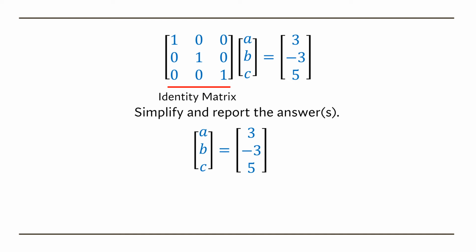If A, then B, then C is equal to 3, then -3, then 5, doesn't it make sense that A is equal to 3 and B is equal to -3 and that C is equal to 5? Well, yes, and that is indeed what it is.